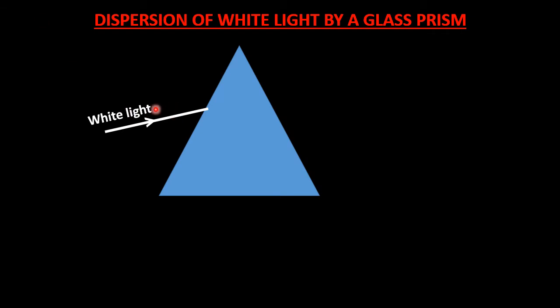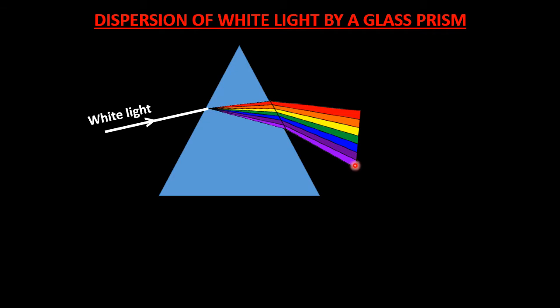As soon as this white light enters the prism, it gets split into 7 colors. The names of the 7 colors are violet, indigo, blue, green, yellow, orange and red. So red will be on the top and violet will be on the bottom.